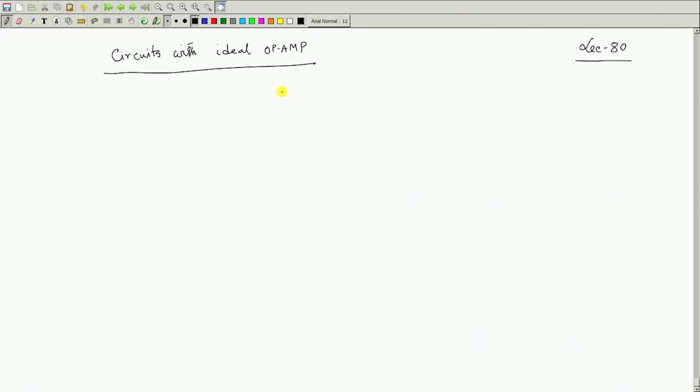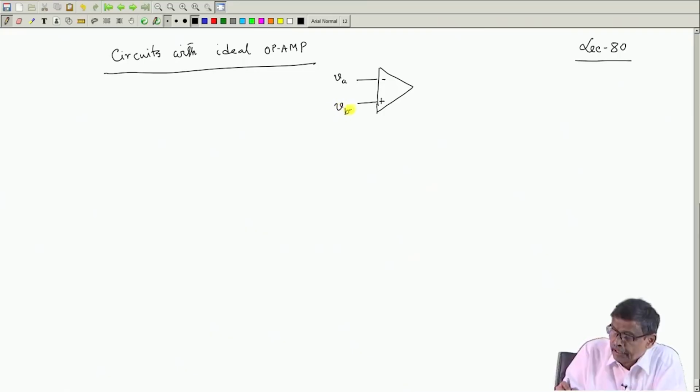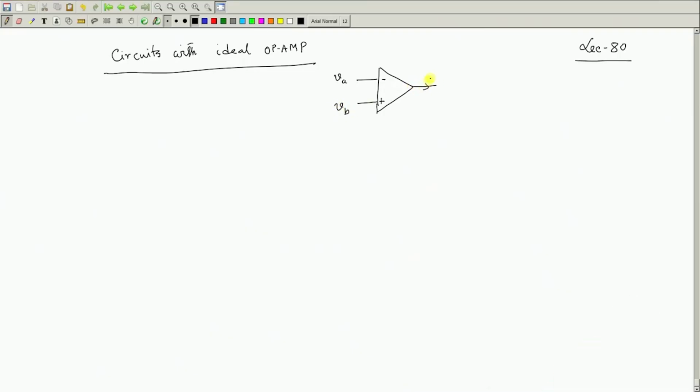Recall that in the op-amp there will be two signals you give: one is inverting and another is non-inverting, and there is an output. Here you give VA, here you give VB, and there will be an output.